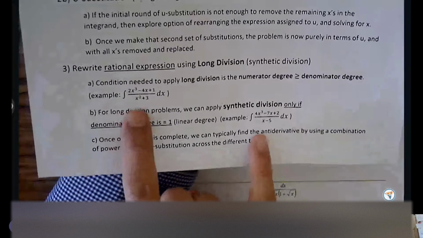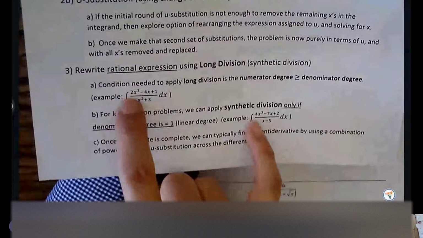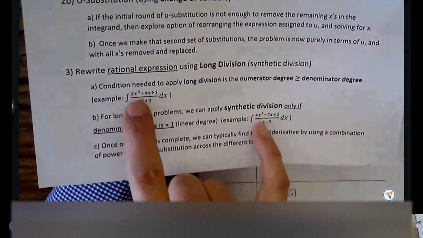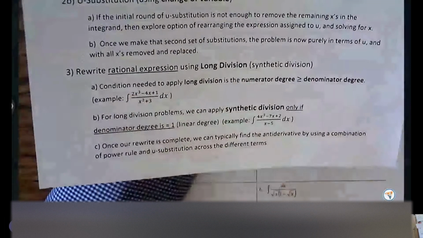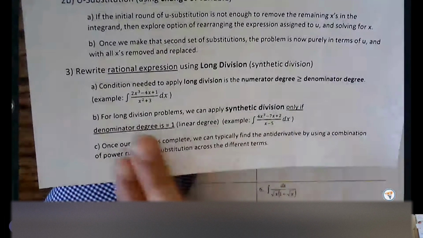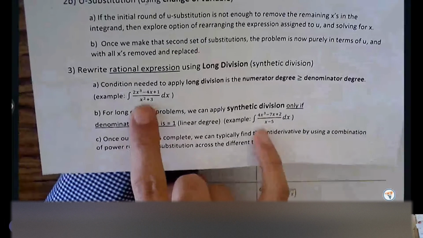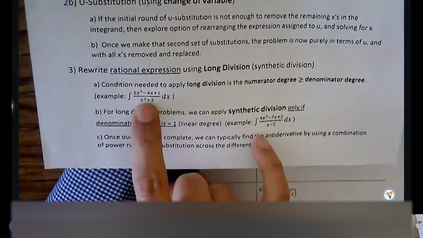But I noticed that I can't do power rule because there are too many terms in the denominator, but in both these expressions my numerator degree is at least the same, if not higher, than the denominator degree. And the way you can tell the difference between long division and synthetic division is you look at the degree. If it's anything higher than the first degree, you have to do long division.